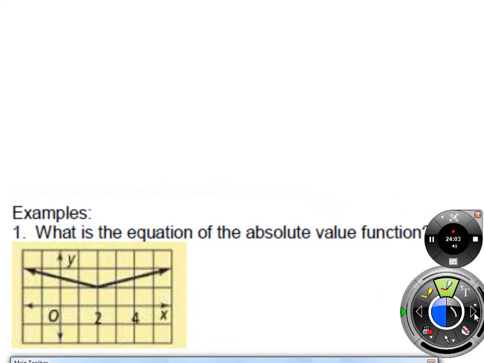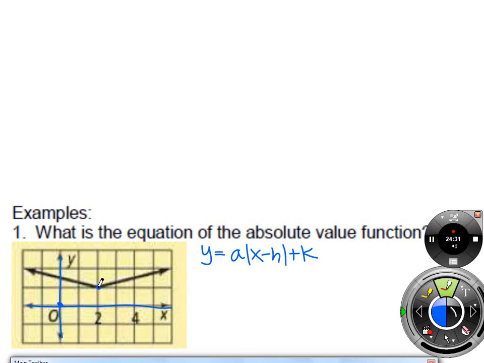All right. Okay, so if we had to write the equation for this function, and sorry, it's a little hard to see where the x and y axis are, so I'll outline those for you. We know it's absolute value because of its shape. So h is the horizontal shift. The parent function had a vertex here at the origin.